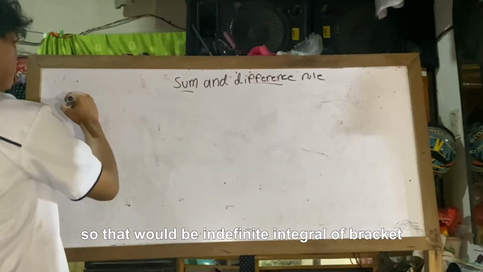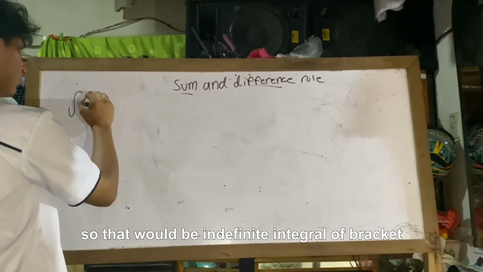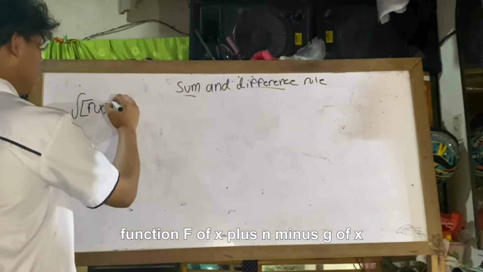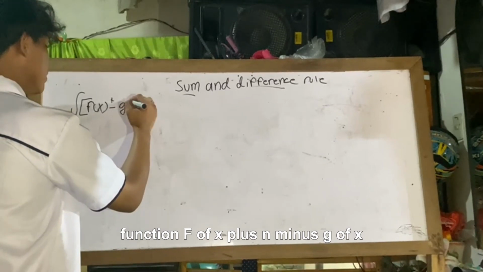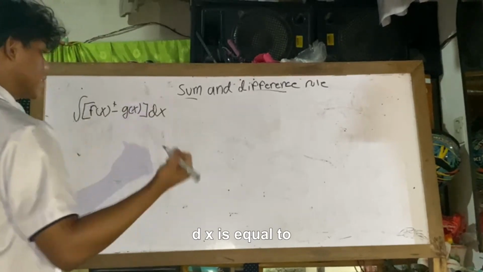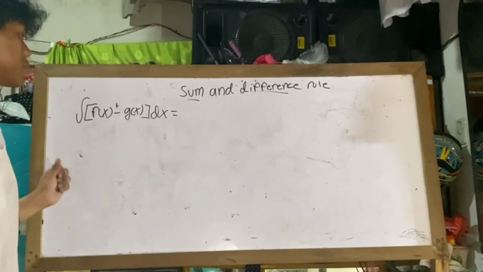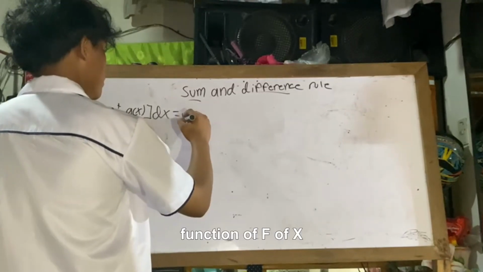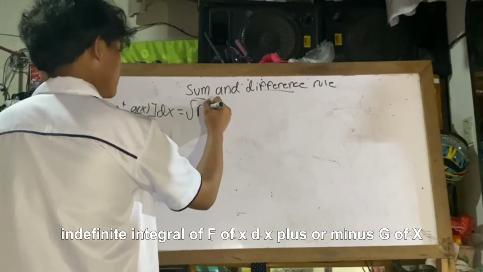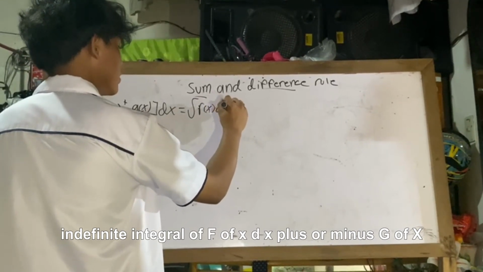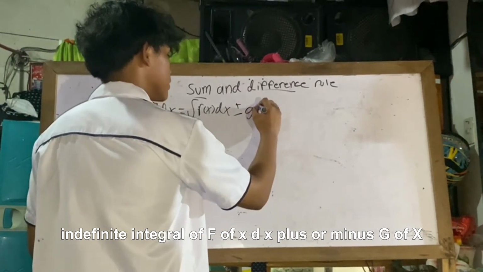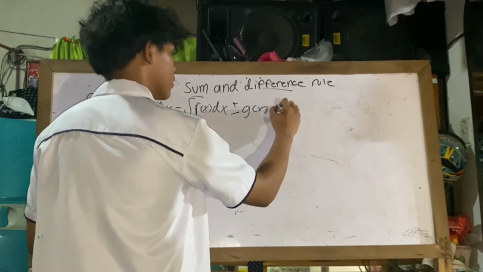That would be the indefinite integral of the bracket function f of x plus or minus g of x bracket dx is equal to the indefinite integral of f of x dx plus or minus the integral of g of x dx.